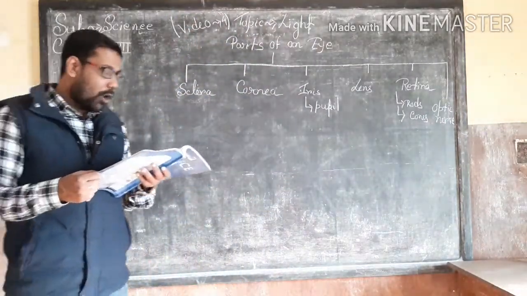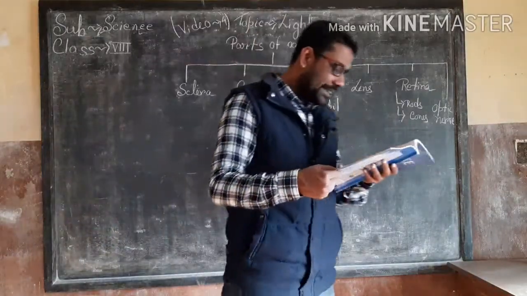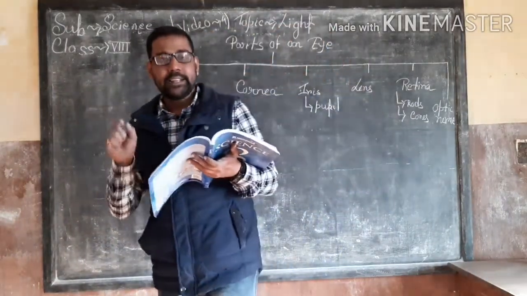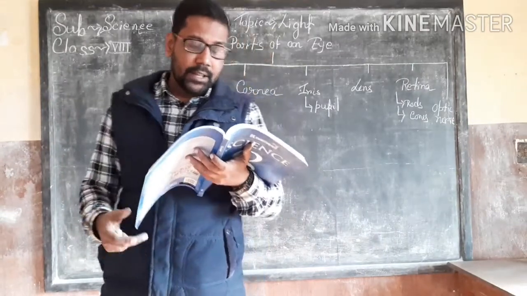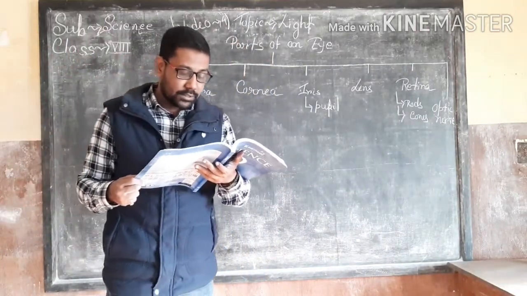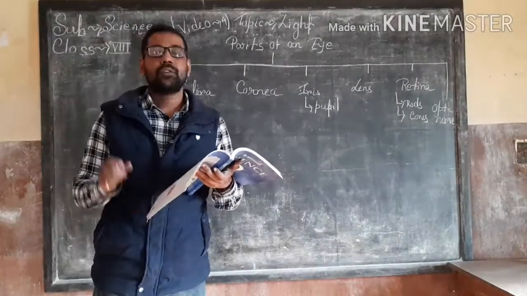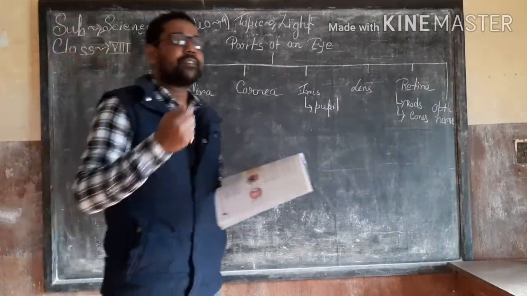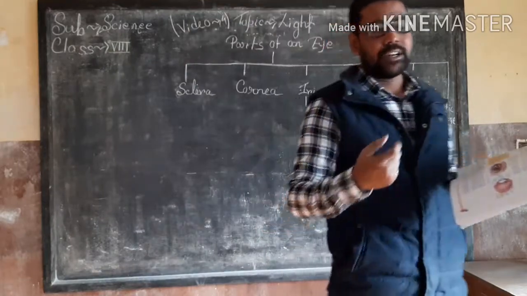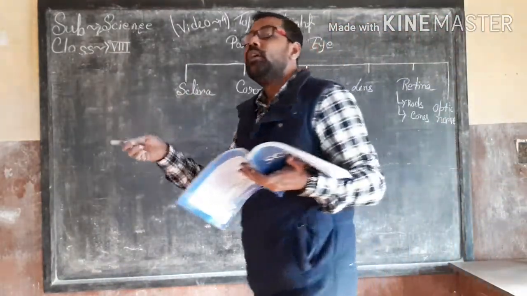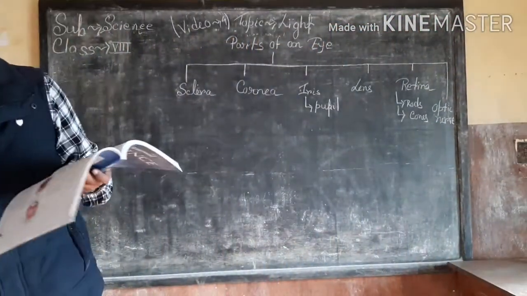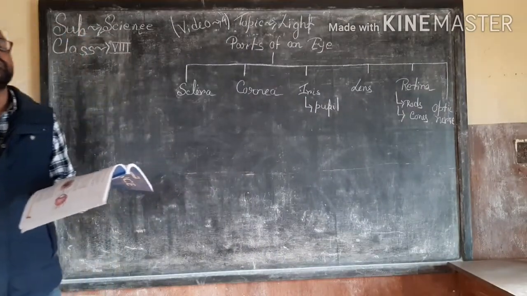Next one, the optic nerve. It is a bundle of nerves that connect the rods and the cones of the retina to the brain. So, the optic nerve is nothing but a bundle of nerves which is connected to the rods and cones and goes to the brain.